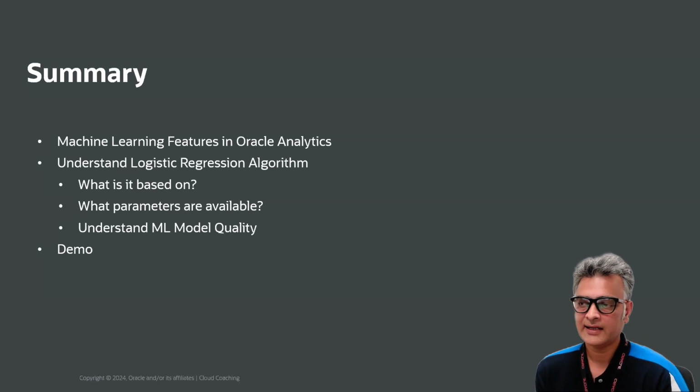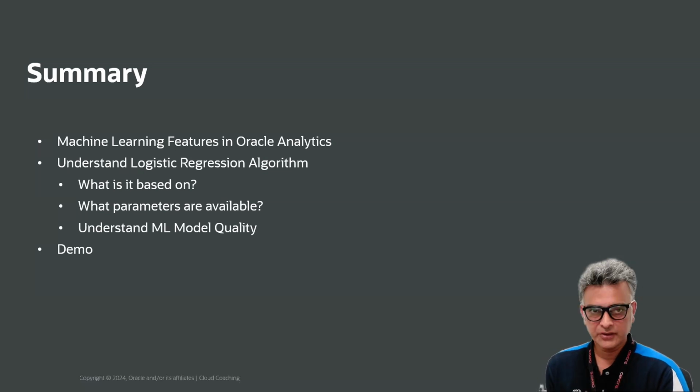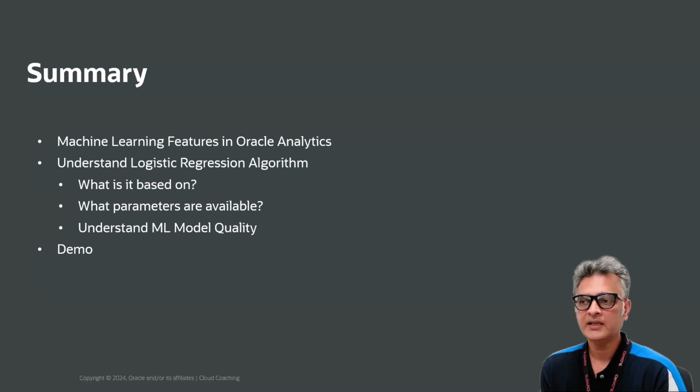Then within Oracle Analytics platform, we looked at the different parameters that are available to build and tune the machine learning model built using logistic regression. We understood the machine learning model quality that was built, and by understanding the various quality parameters, we also tuned the parameters to build a better, more tuned machine learning model.